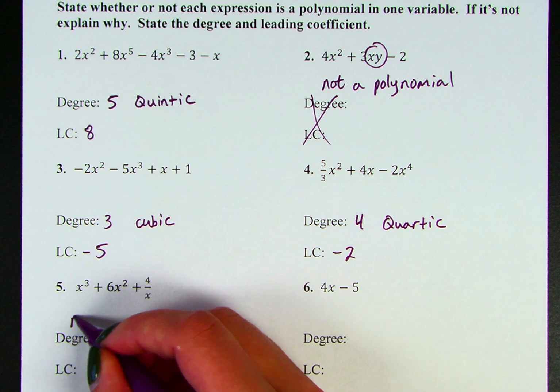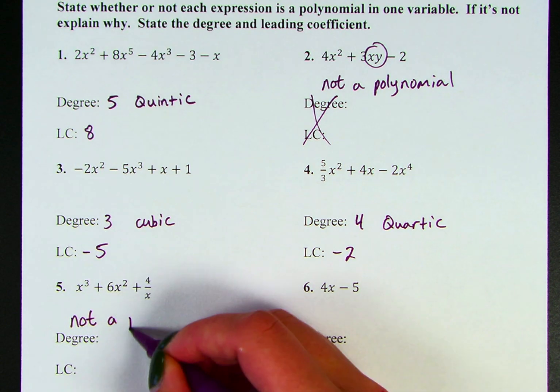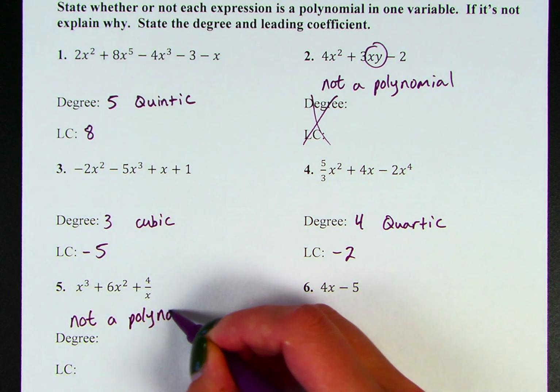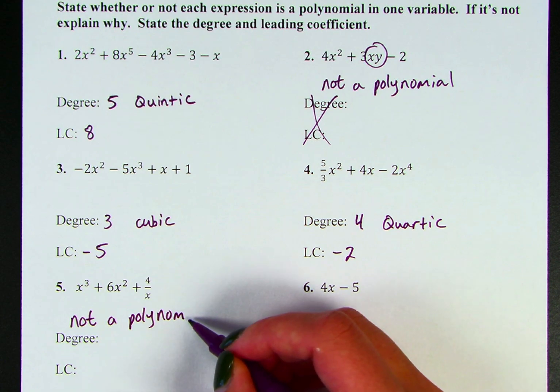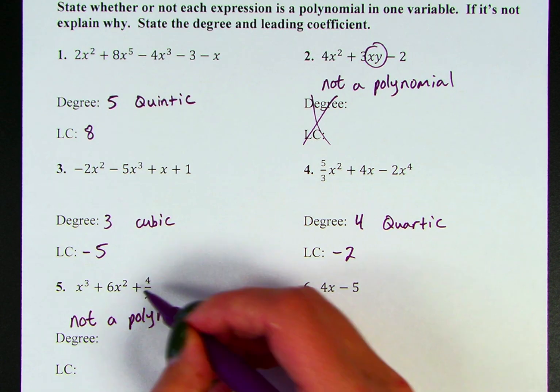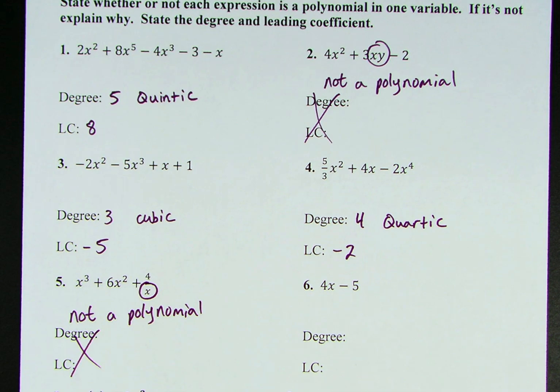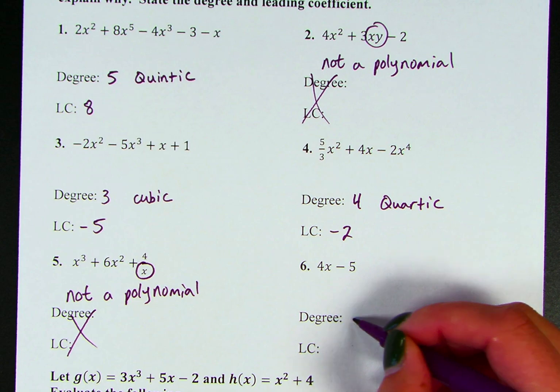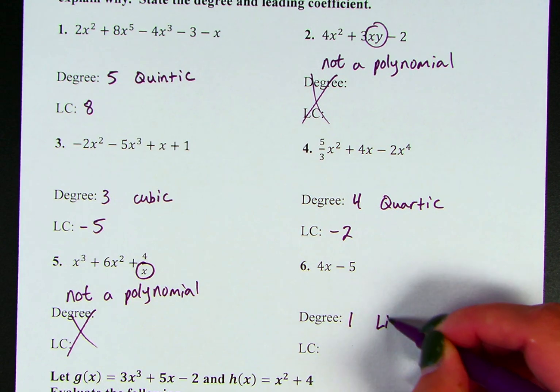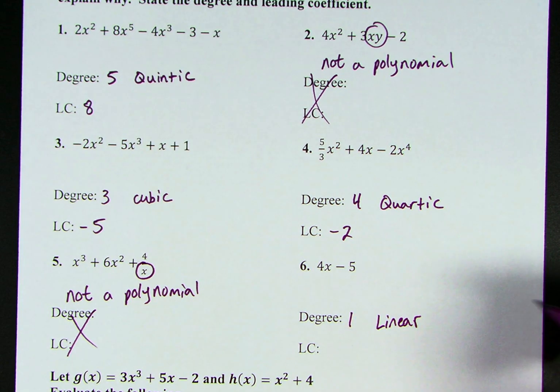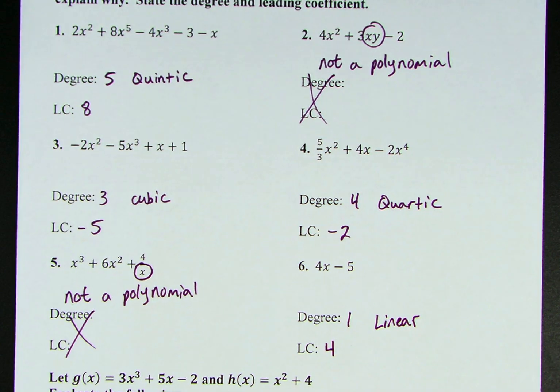And the next one is not a polynomial, and again, that's because of a variable being in the bottom of a fraction, so that's not allowed. So that also means I can't list the degree or leading coefficient. And then that last one, we have a degree of 1, which is a linear function, and a leading coefficient of 4.